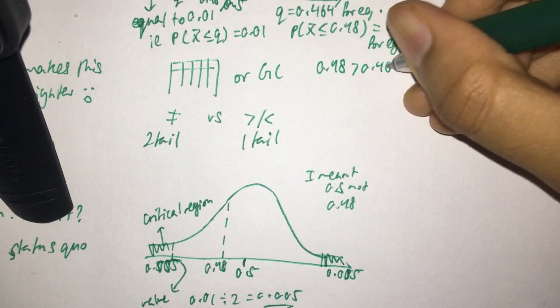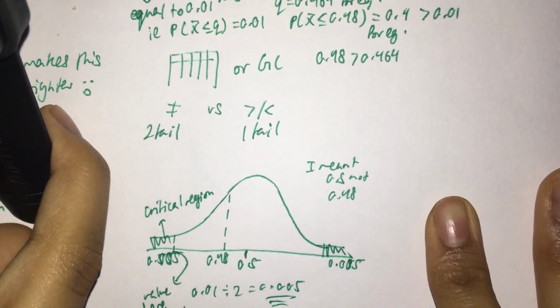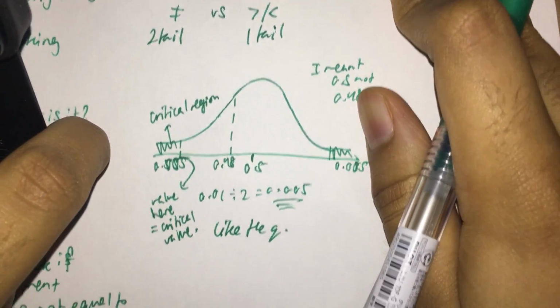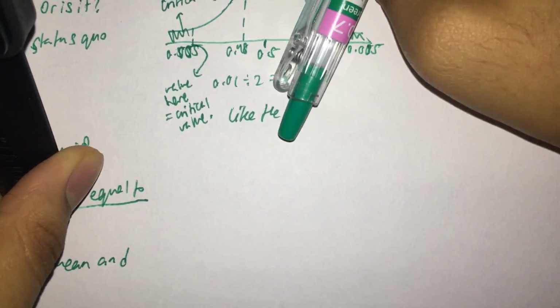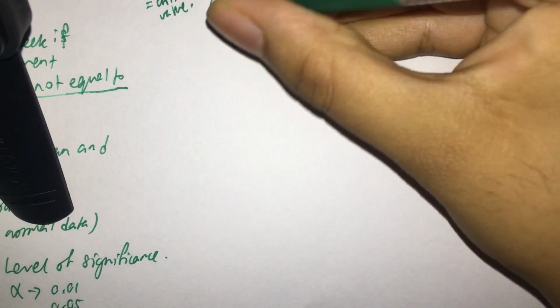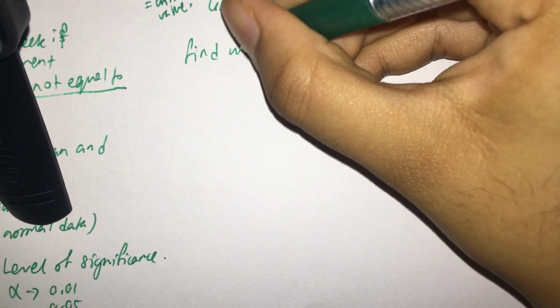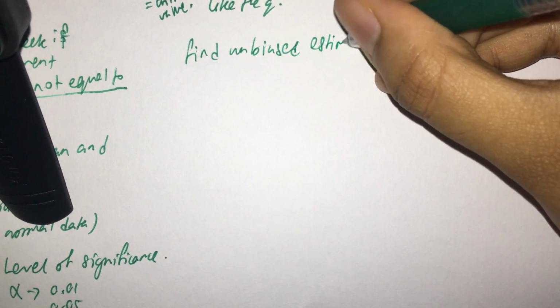Before we go there though, let us first see what we must do with the data that we have. So the first thing you need to do is to make sure that you have the data as normalized as possible. So what does that mean? Basically do the stuff that we covered in the last topic, and find the unbiased estimates of the mean and the variance if they are not provided yet.